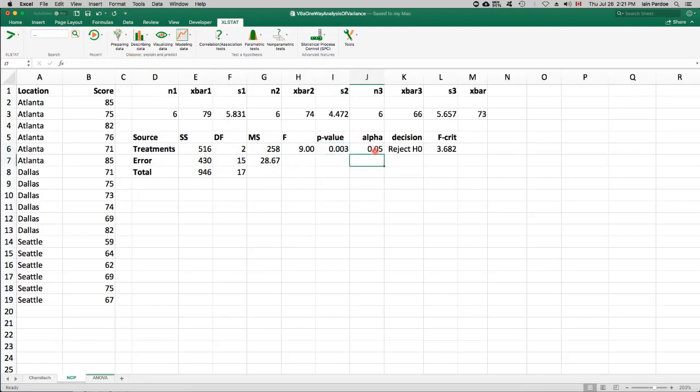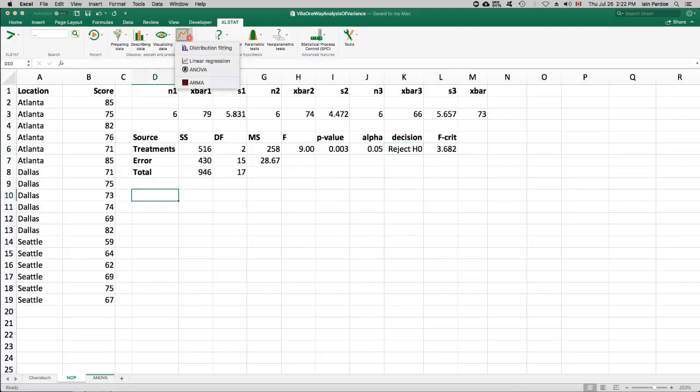It's smaller than alpha, so we reject the null hypothesis and conclude that the treatment means are different. There's the critical value in case we wanted to use that method for making the decision. The test statistic is inside the rejection region. It's bigger than 3.682, so we reject the null hypothesis.